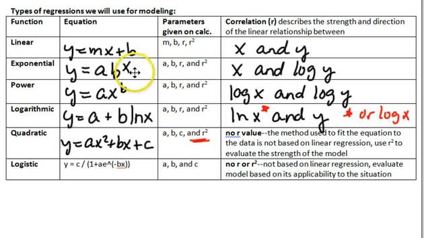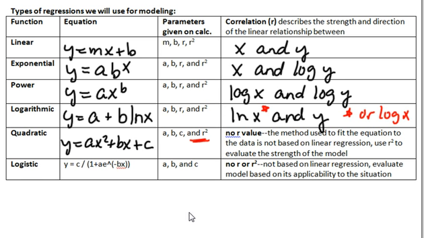The reason that exponential, power, and logarithmic functions have R values is because they can be written as linear relationships between x and log y, log x and log y, and log x and y.